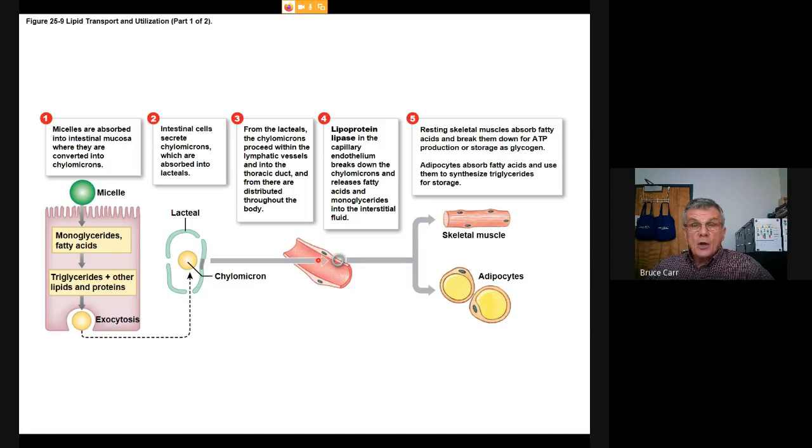I mean, think about it, whether we're eating high fat or not. If we're eating high fat, you're getting lots of lipid. But if you're not eating high fat, you're still eating cellular material, and cells are all wrapped in membranes. They all have a certain storage of lipid within them.